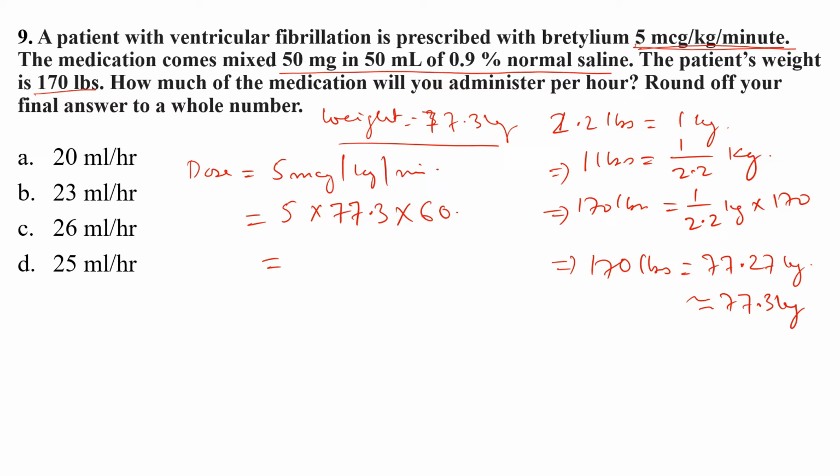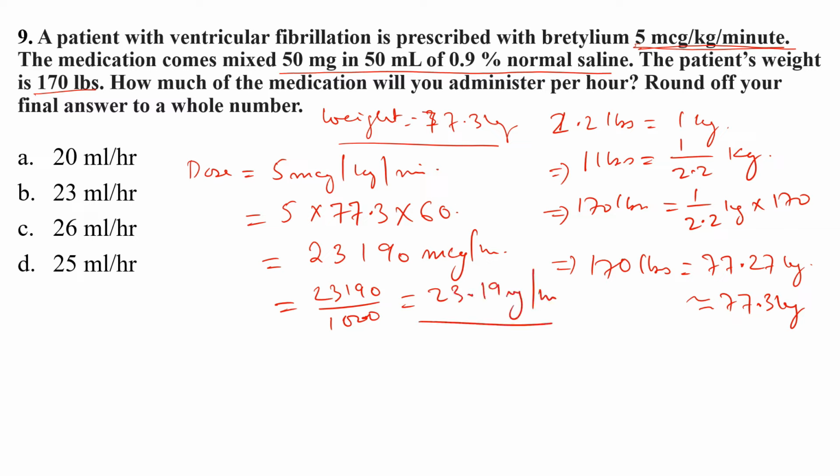So 5 into 77.3, we get 386.5, multiplied by 60, then we will get 23190 microgram per hour. And this microgram we have to convert into milligram. So 23,190 divided by 1000, we will get 23.19 mg per hour. So this is the dose in mg per hour.